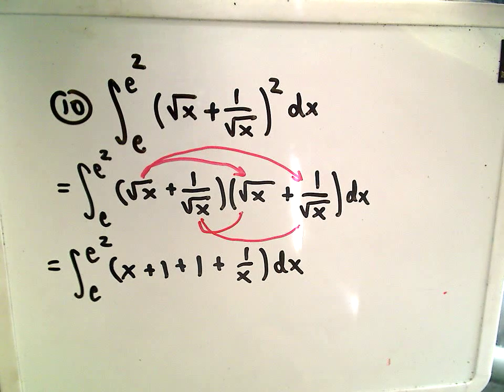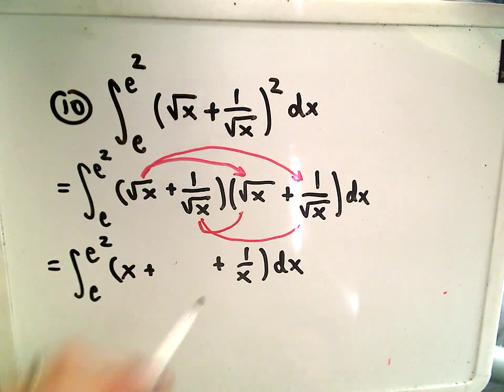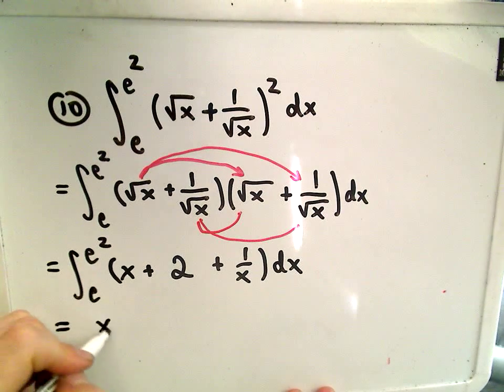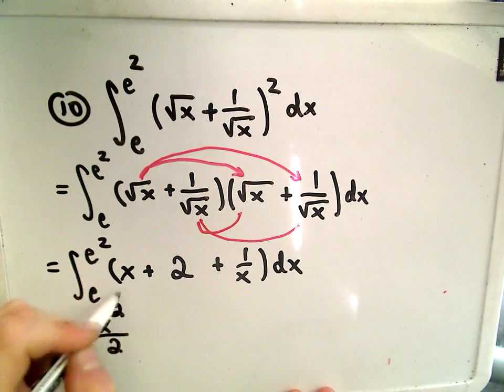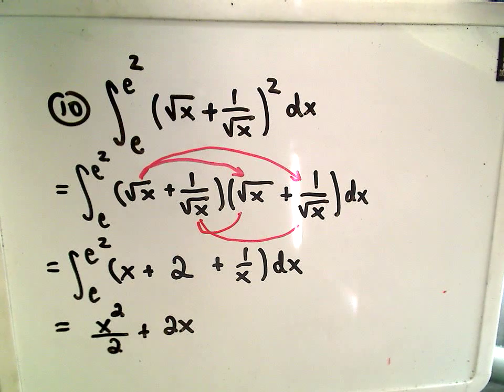And now, I would simplify down my integrand, so 1 plus 1 is 2. And this is now what I'm going to integrate, x plus 2 plus 1 over x. So if we integrate these a piece at a time, we'll get x squared over 2. That's the antiderivative of x. The antiderivative of 2 will be 2x.